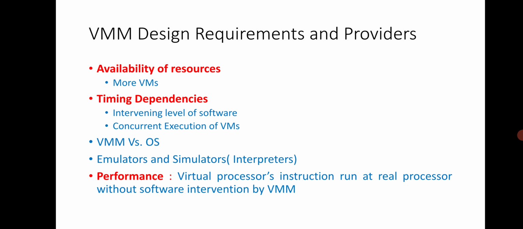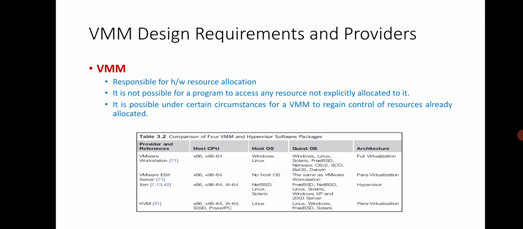Concurrent execution of virtual machines. Emulators and simulators are used in virtual machines. The performance of the virtual machine is based on virtual processors. Virtual processor instructions run at real processors without software intervention of the virtual machine monitor.